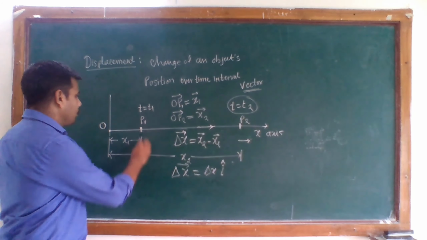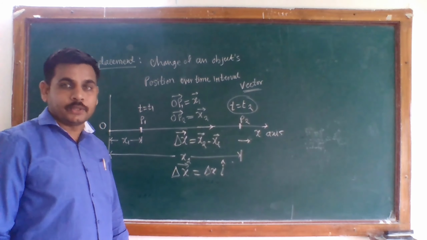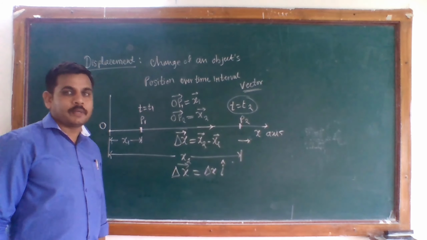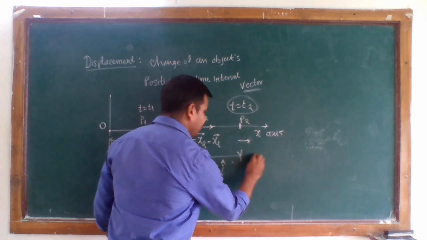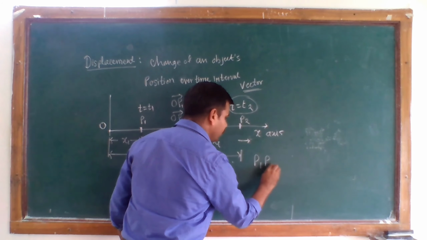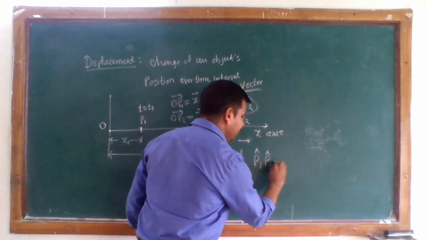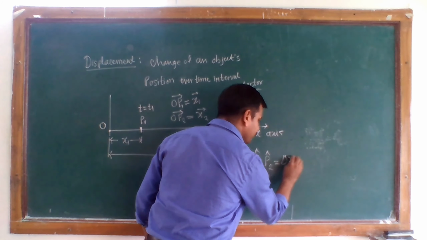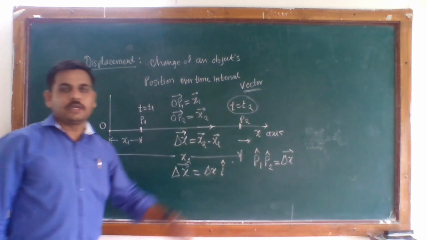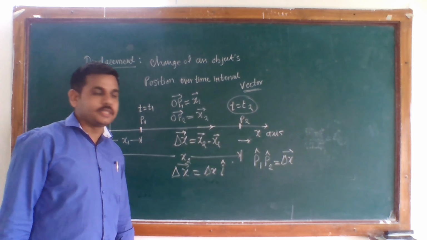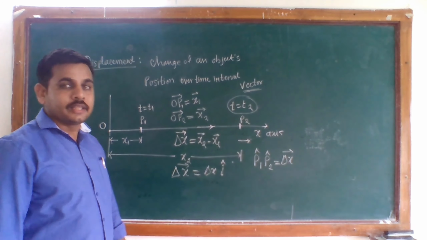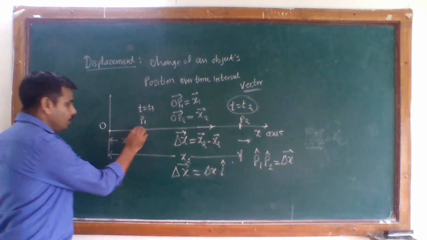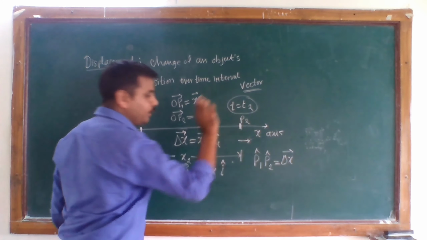Again, the position vectors P1 and P2 give us the displacement of an object. So P1 to P2 is equal to delta x, which gives us the displacement of the car from point P1 to P2.